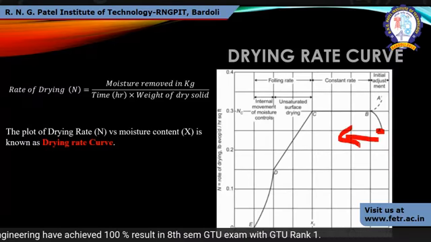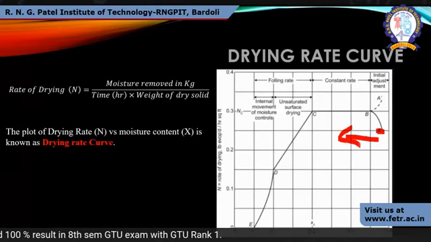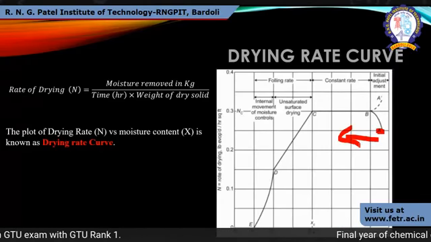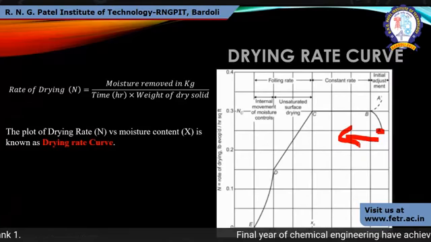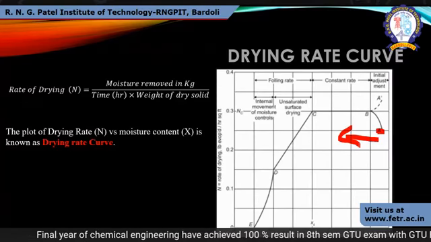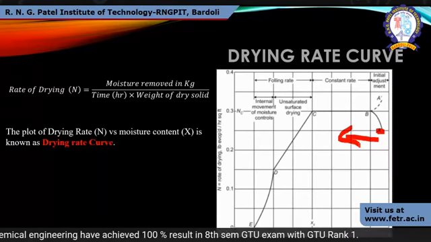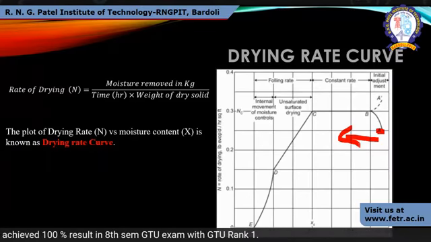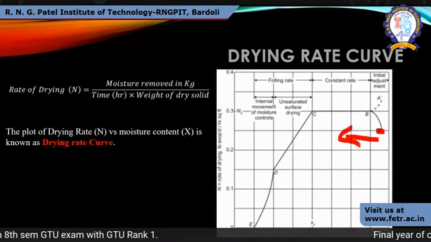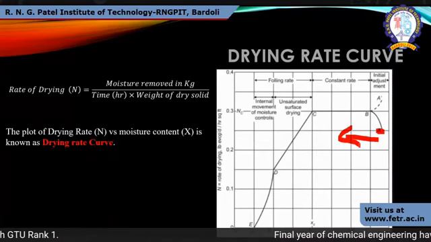From point A, there is an initial adjustment. From point A we reach point B, then point B to C, then C to D, and D to E. When we reach point E, that is our X star, the equilibrium moisture content.